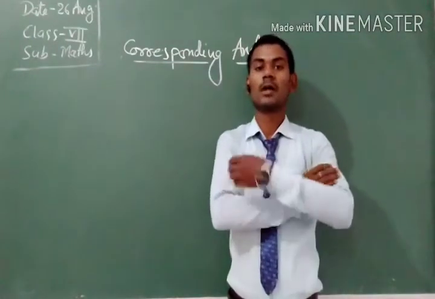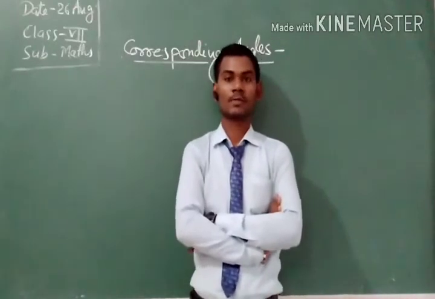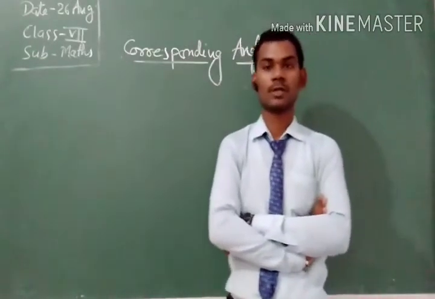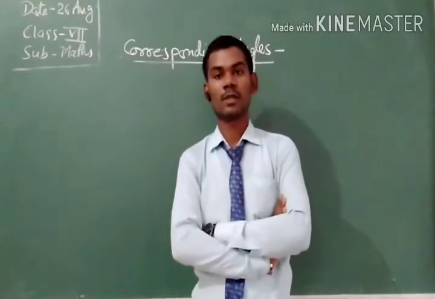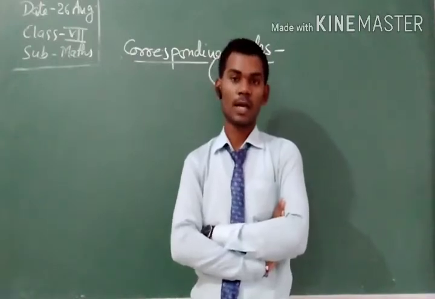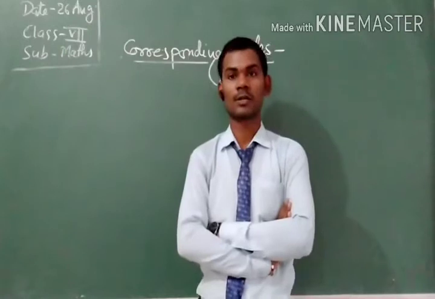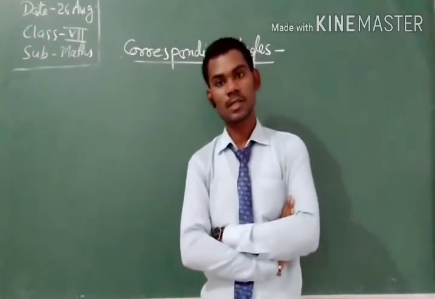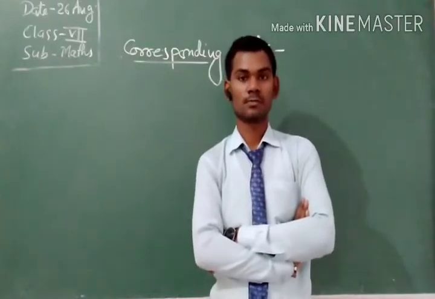So I think we still need to remember the definition of transversal, because in the lack of the definition of transversal, we cannot easily define the corresponding angle and also another angle that is known as the alternate angle. These types of angles are defined on the basis of transversal.